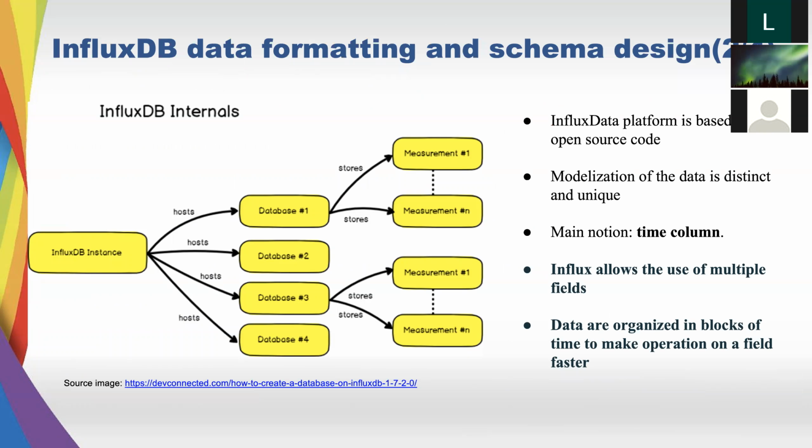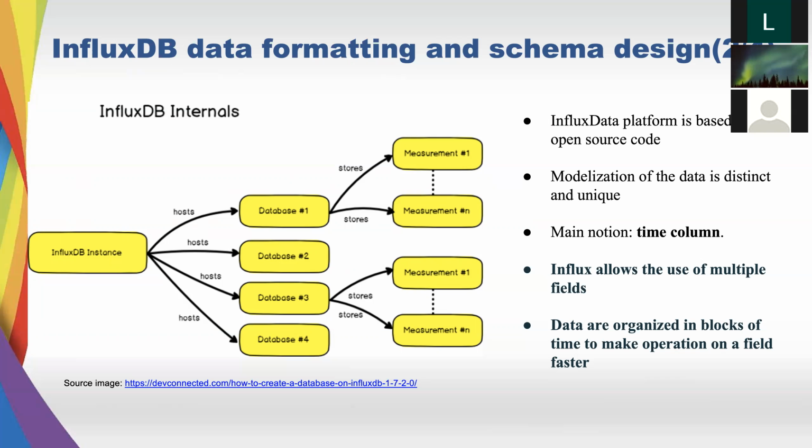Compared to other time series applications, InfluxDB data modelization is distinct and unique. The main notion that we need to remember here is the time column, which is present in any InfluxDB database. As seen in the picture, InfluxDB stores the timestamp associated with particular data.